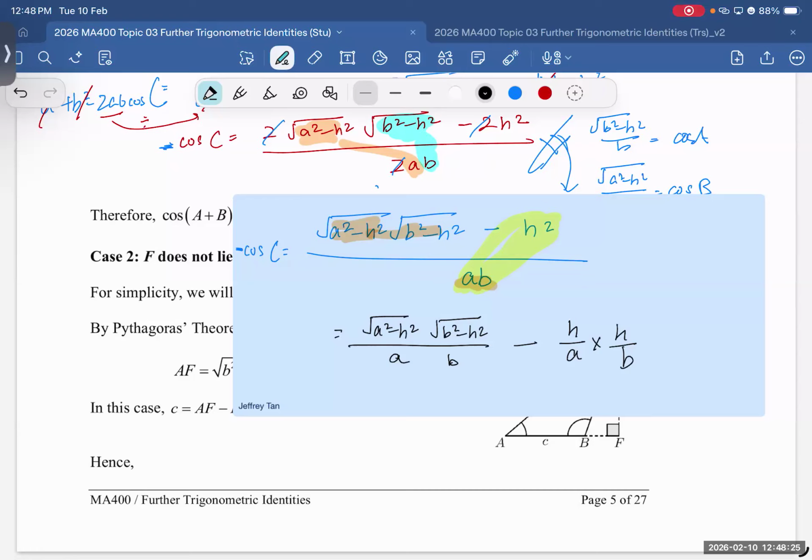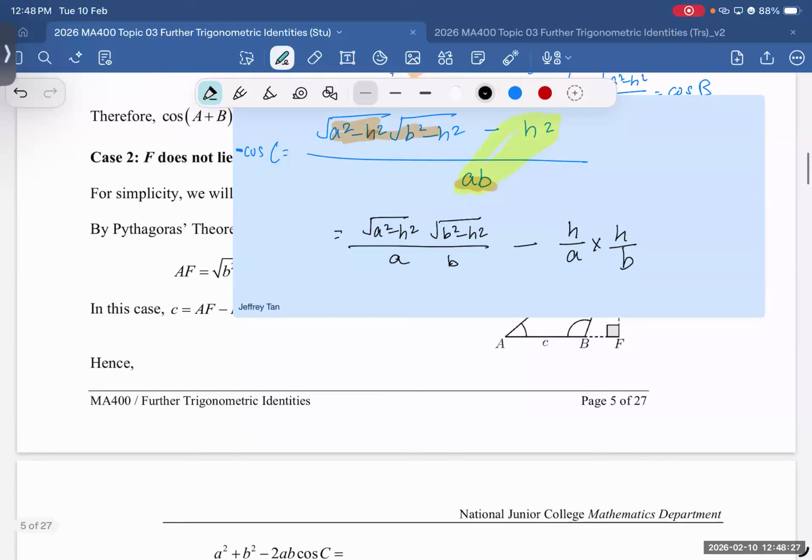Okay, I'm going to ask four smart kids. Now, to express this as a single trigo ratio. Javier, tell me, express this in terms of A and B as a trigo ratio. Junkai, express this in terms of a single trigo ratio.